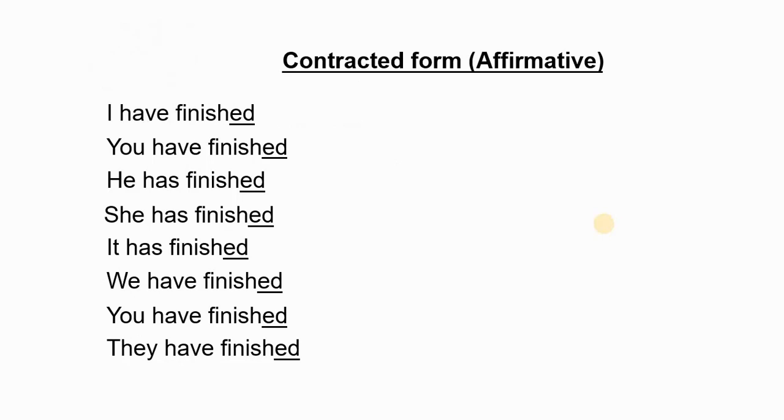Now, let's look at the contracted form of the affirmative. So, this is the full form that we have just studied. So, I have finished, I've finished. So, we put an apostrophe and then the letters VE, and we pronounce it as one syllable, I've.